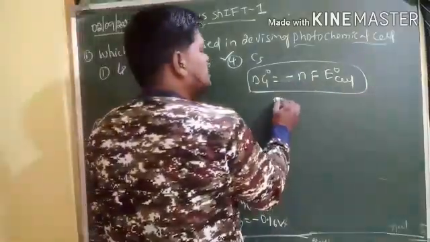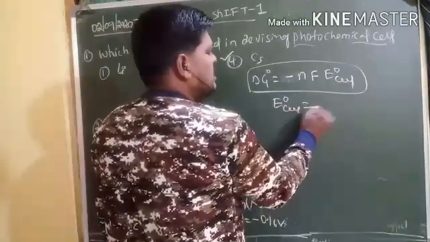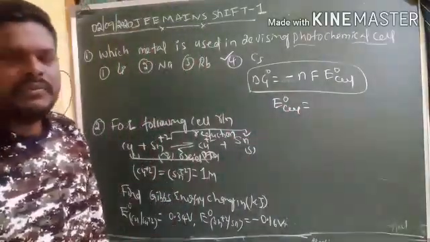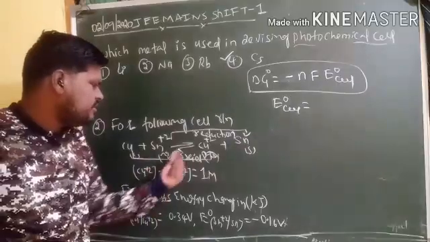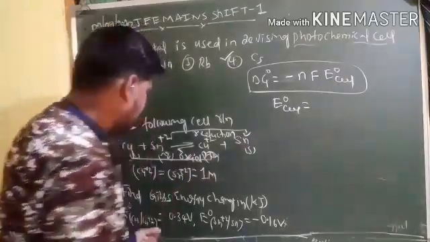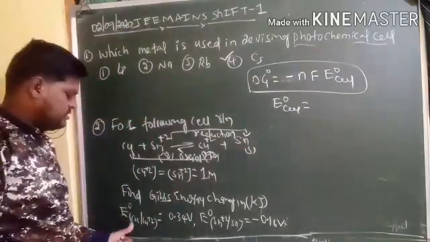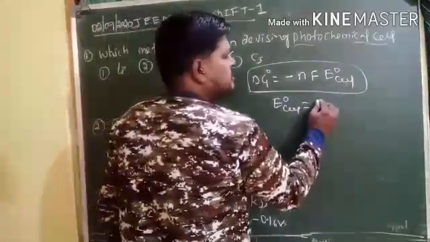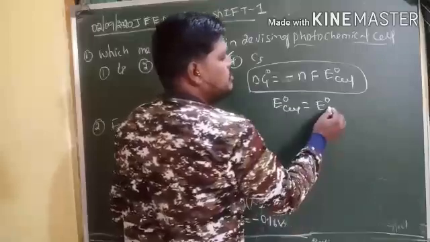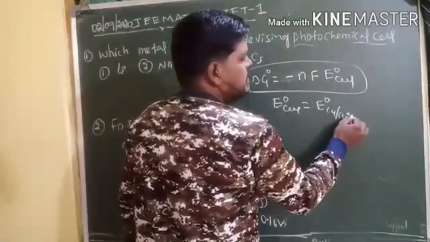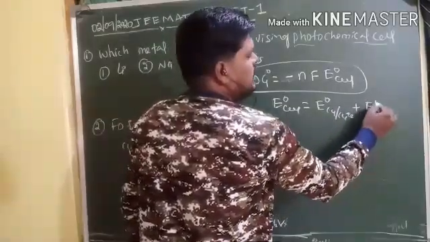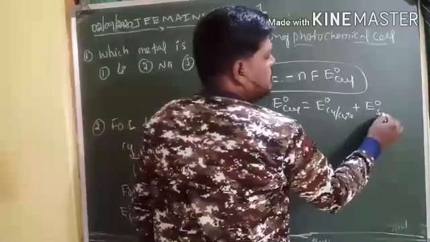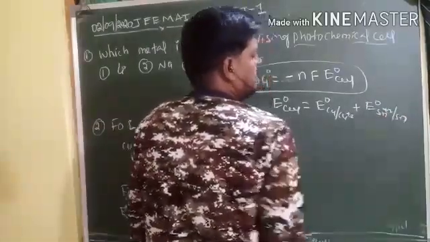So E naught cell is equal to the oxidation and reduction values here. What is the oxidation value here? E naught Cu/Cu²⁺. So first of all write down the copper electrode Cu/Cu²⁺ plus E naught Sn²⁺/Sn.